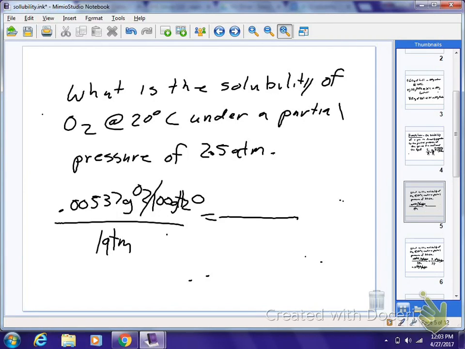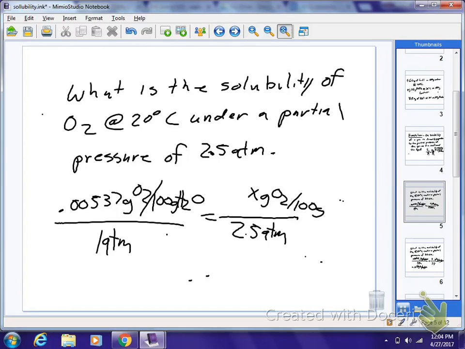So if you set it up, since it's a directly proportional problem, you put 2.5 atmospheres down here, and you solve for X grams of oxygen. Okay, what are we increasing the pressure by? 2.5 times, right?